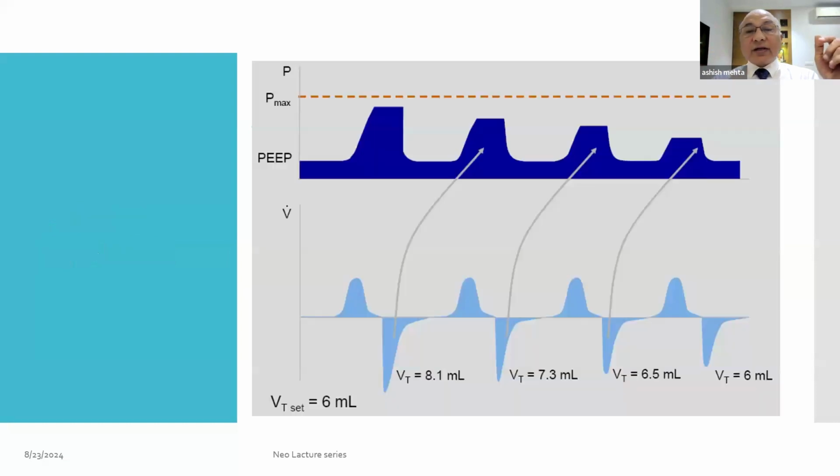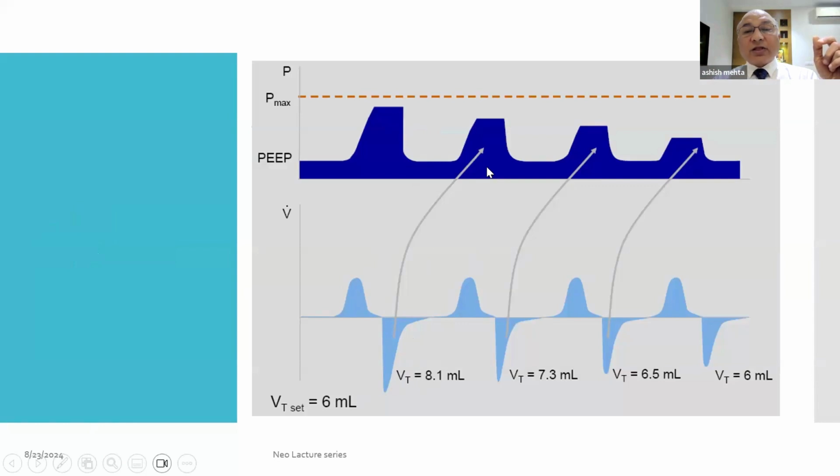For example, here I set a tidal volume of 6 ml, so I have targeted 6. My pressure, for example, is 20. The first breath that has been delivered, it will measure the volume, which is coming to exact tidal volume of 8.1 with the pressure that I have delivered here. But that is just too much for my baby.